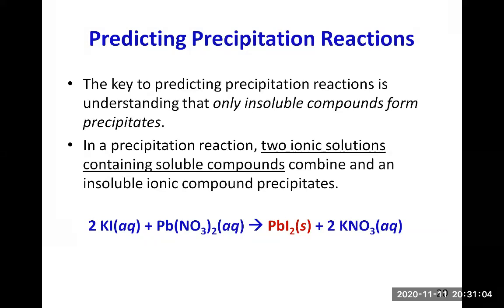When they combine, they will form a solid, and that's the PbI2 solid here. The rest of the ions will stay in solution as the KNO3 aqueous solution. So in a precipitation reaction, two ionic solutions containing soluble compounds combine and an insoluble ionic compound precipitates.